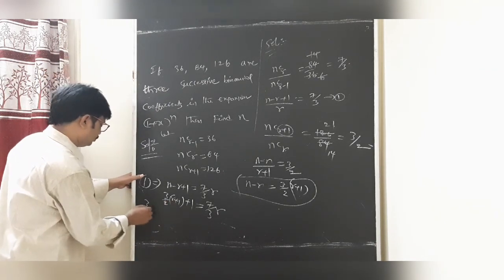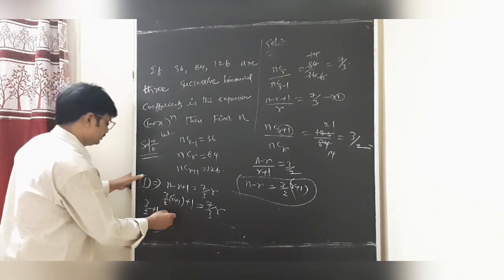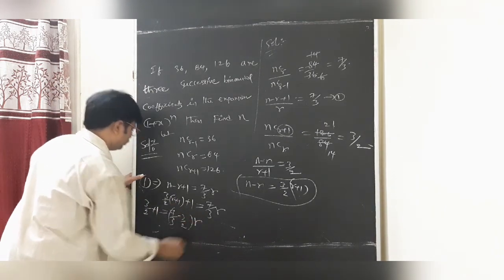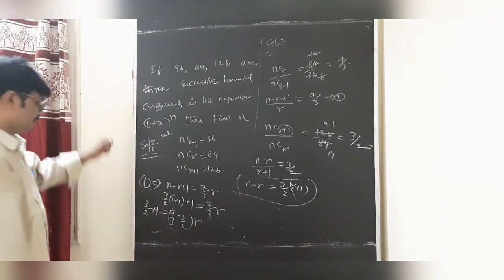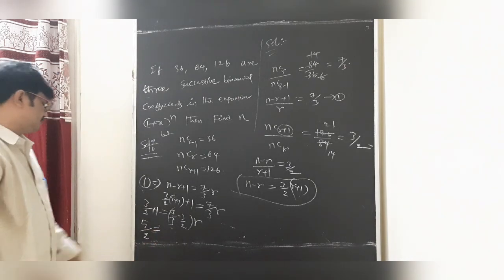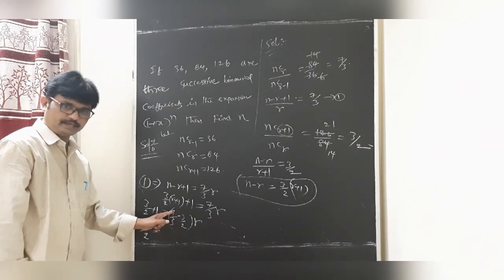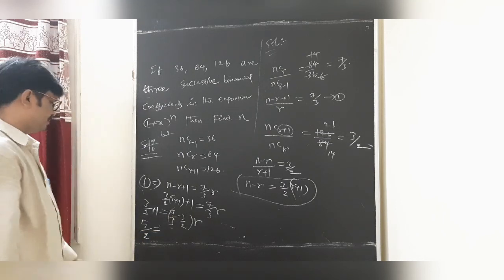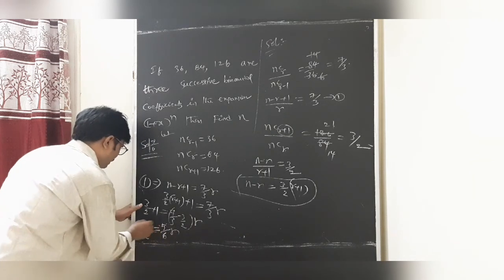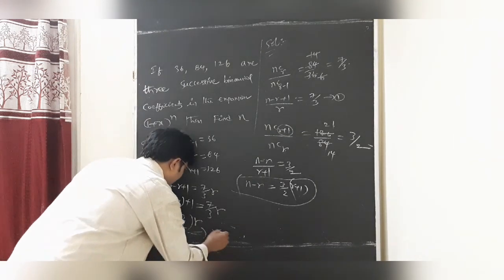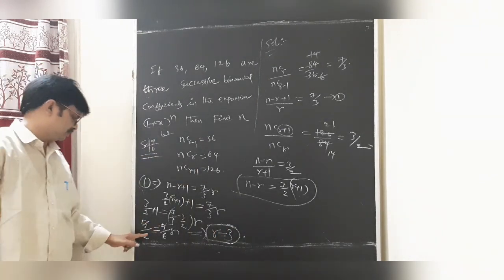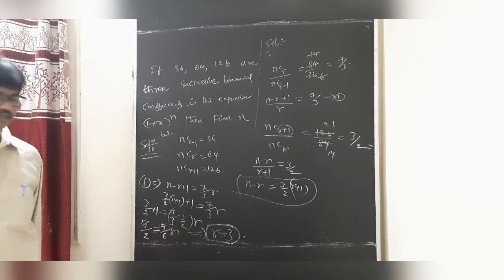This is 3 by 2 plus 1, sending the other side, 7 by 3 minus 3 by 2, and r is common. Undoubtedly this is 5 by 2. So students, the LCM is 6. This is 14, this is 9. 14 minus 9 is 5 by 6 into r. 5 cancels. What is it, students? The r value will be 3. So 5 cancels, 2 ones are 2, 2 threes are 6. The r value is 3.